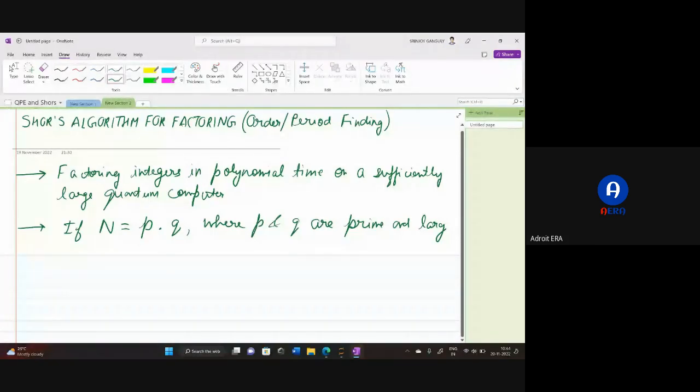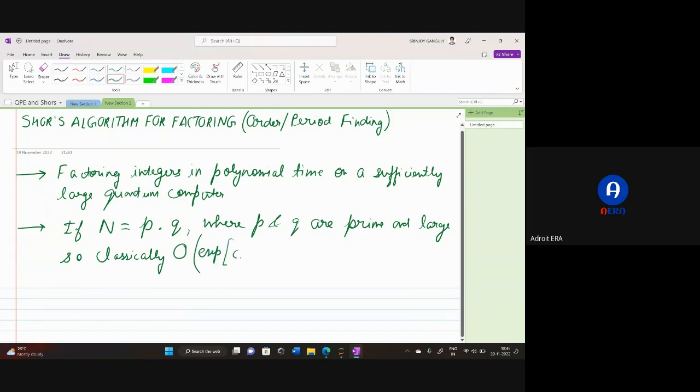So classically, what is the complexity? It is big O notation for complexity. Exponential, exponential what?